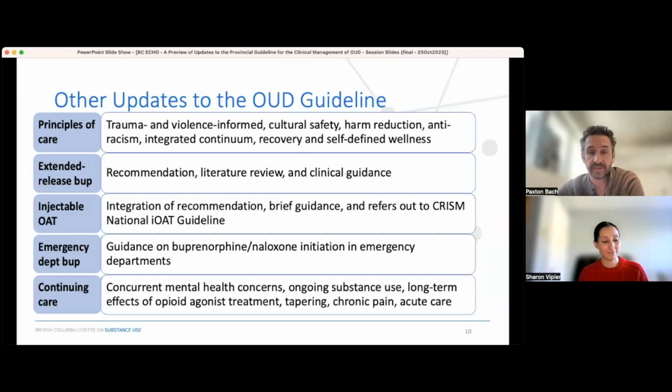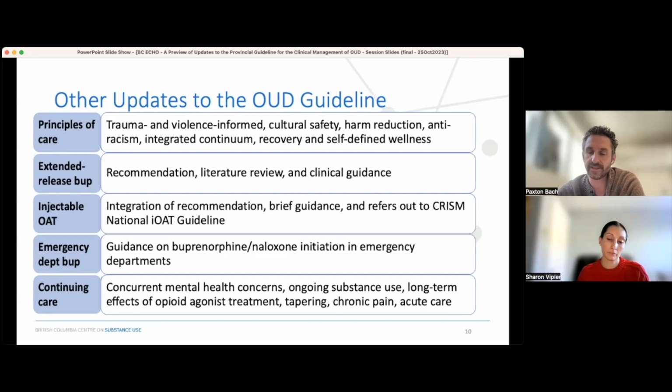A number of other updates, as I mentioned: there was a pretty comprehensive review and a lot of iterative updates. There are a number of important additions, including expanding on principles of care and broad principles for the care of people with opioid use disorder. The inclusion of extended release buprenorphine, which, as most of you are aware, was not approved in Canada at the time of the 2017 guidelines.